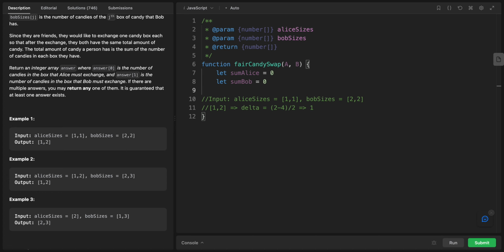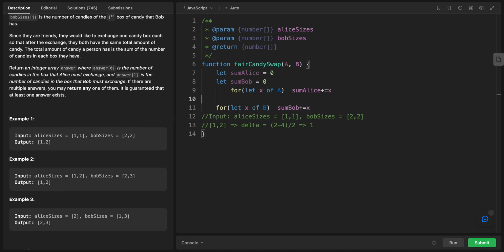I will make a for loop: for let x of capital A, we add x to sum Alice, and for B we add to sum Bob. So with these two loops we are getting the sum of Alice and the sum of Bob.